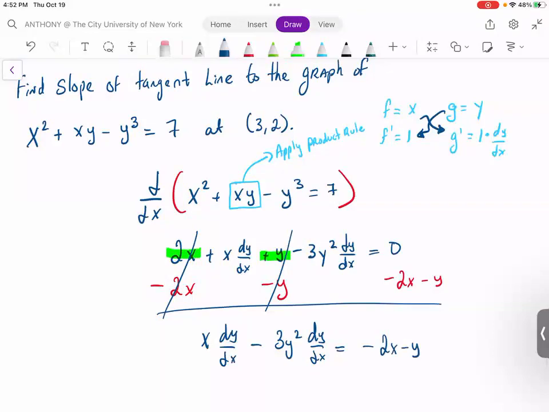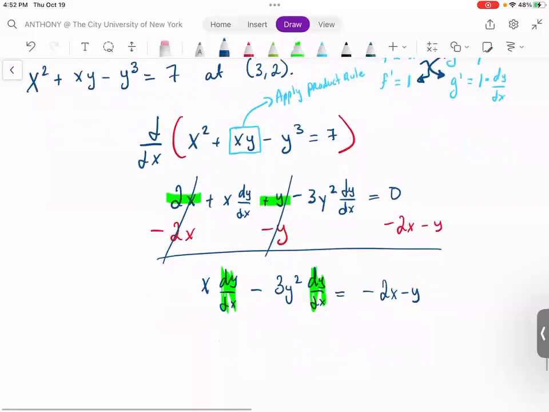Now look at that left-hand side of the equation. What does the left-hand side have in common? Yeah, you have a dy/dx in common. The dy/dx that you have in common here, you can essentially factor it out. So if I factor out this dy/dx, then inside the parentheses should be x minus 3y squared. On the right-hand side, we have negative 2x minus y.